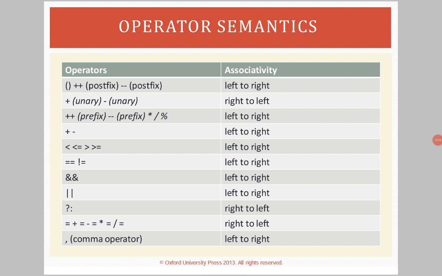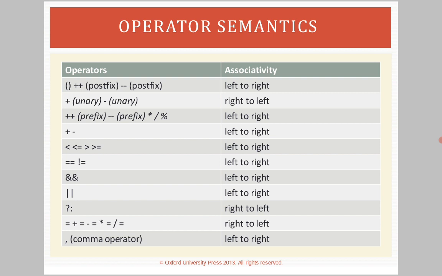So what are the different types of operators used in C language? This we already discussed in the previous class. This is also one of the important questions in C language. There are 5 to 6 types of operators available in C language.